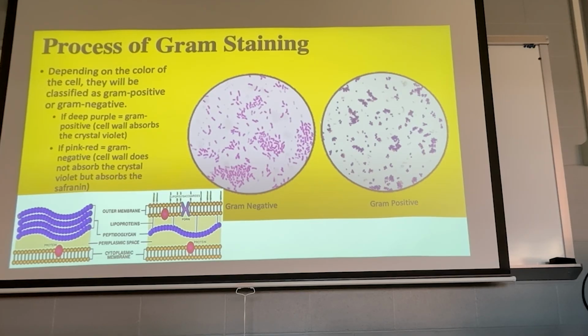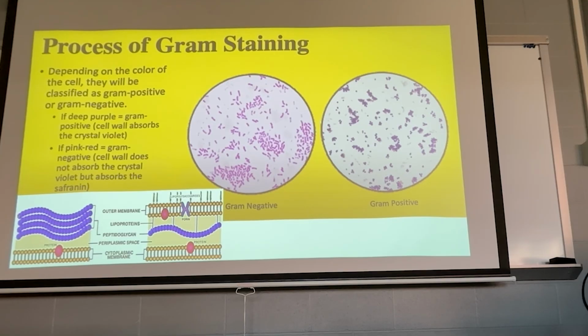And so when you stain with the pink and purple, the purple is darker and binds to this thick wall, and these gram-positive bacteria look really purple, really dark colored. If you're gram-negative, you have 1 or 2 layers of peptidoglycan surrounded by lipids and sugars and your cell membrane.